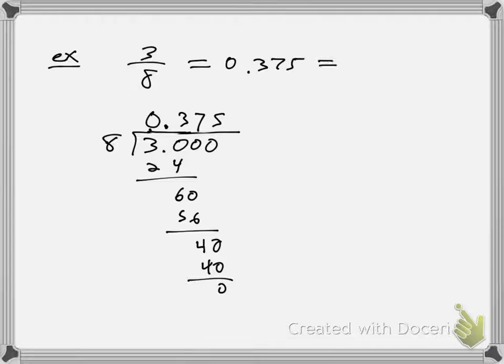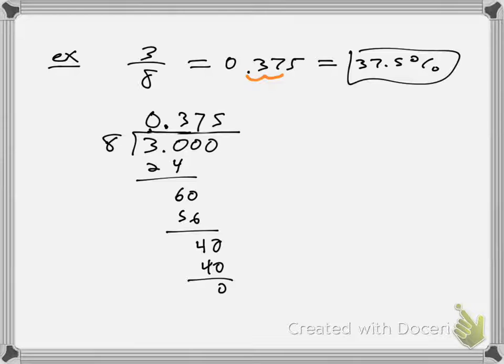Then, to make it a percent, I want to shift the decimal point 2 to the right, which would be 37.5%. Okay, so that's how we express it.